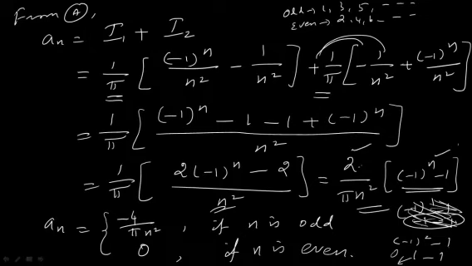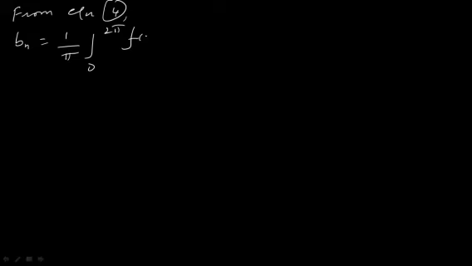Okay. Now, next we calculate the value of bn. For that we make use of equation 4. From equation 4, the formula we are going to use for calculating bn is equal to 1 by pi integral 0 to 2 pi f of x sin nx dx.